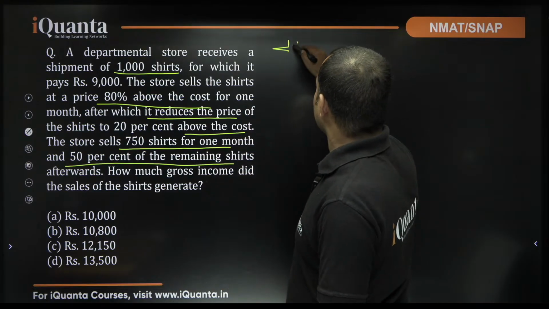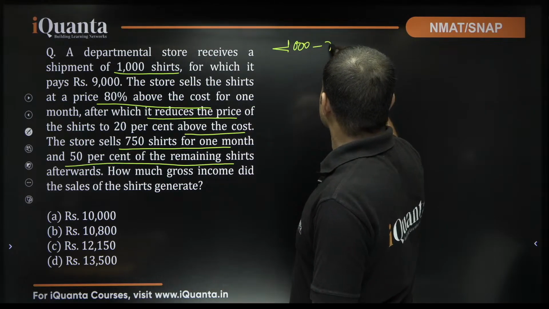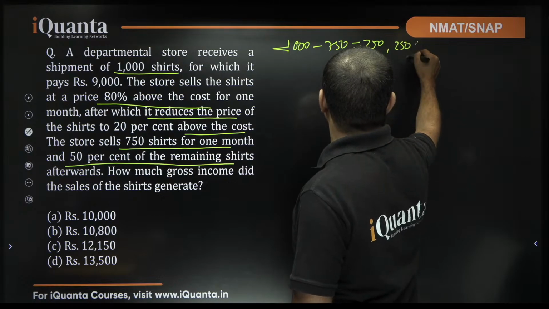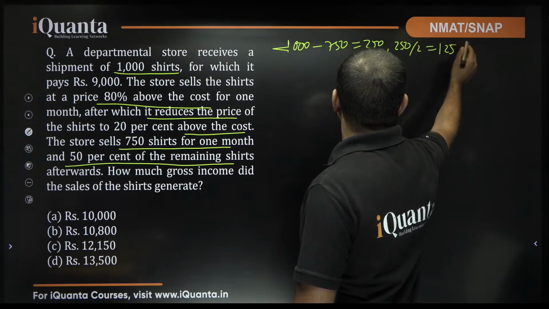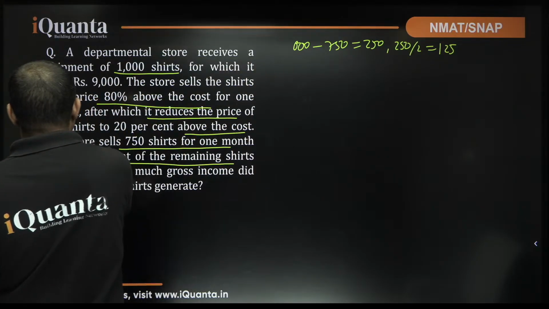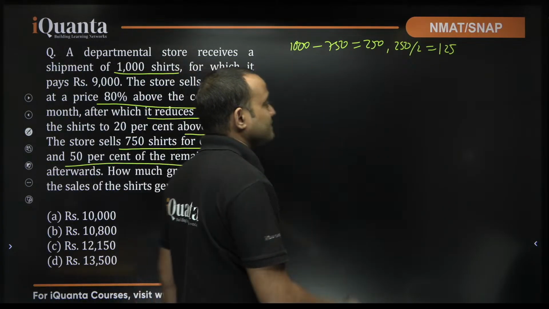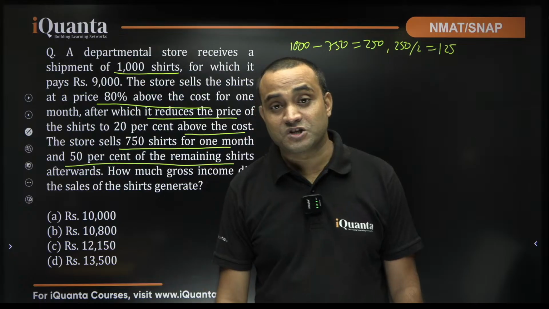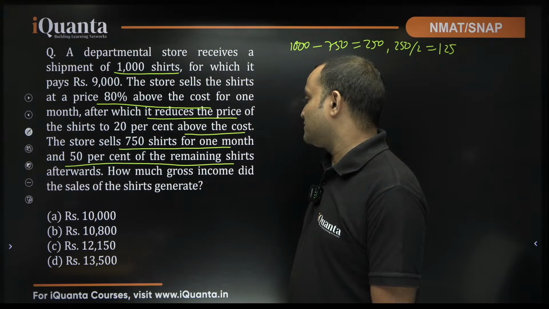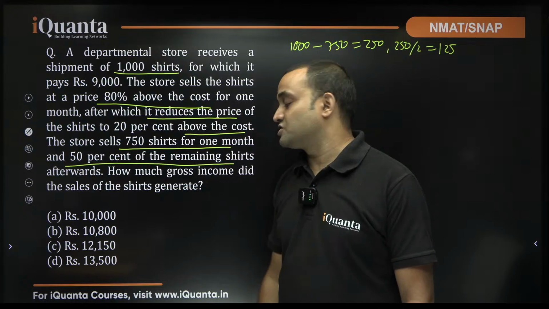So 1000 minus 750 is equal to 250, and 250 by 2 is equal to 125. So 125 shirts are sold at 20% profit, and 750 shirts are sold for 80% profit. How much gross income did the sales of the shirts generate?